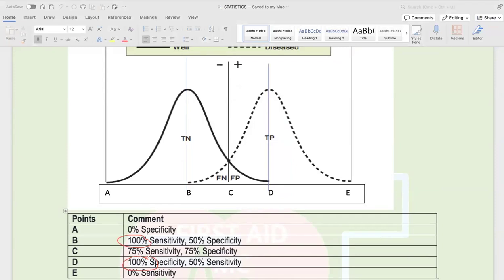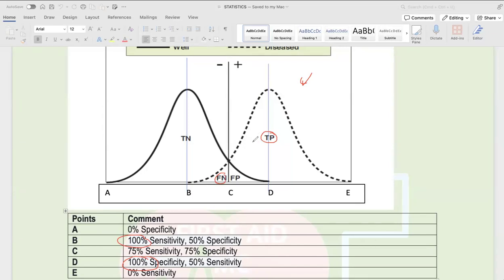Now, again, this will test your understanding of sensitivity and specificity. So a test has 100% sensitivity if it doesn't have any false negatives. We remember that sensitivity includes true positive and false negative, these two.